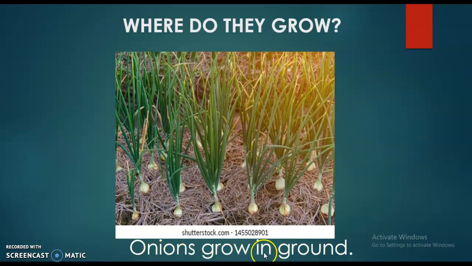Onions grow in ground. Bawang tumbuh di dalam tanah. Okay, so inilah pokok bawang. Bawah ni onions, atas ni daun dia. Daun bawang ni pun kita boleh ambil dan makan ataupun letak di dalam masakan.